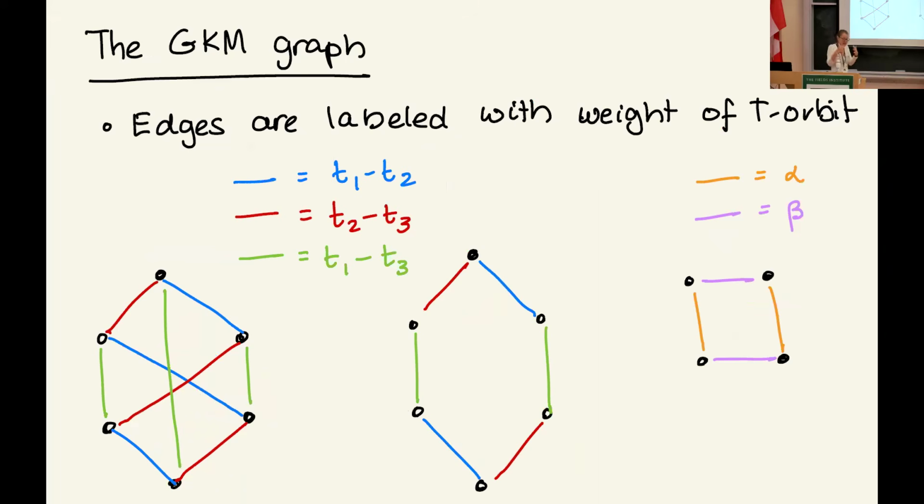And then in addition, our edges have a label, and that label is the weight of the torus orbit. So for these leftmost examples, I represent the labels just with a color so the document doesn't get too messy, but blue is T1 minus T2, and red is T2 minus T3, and green is T1 minus T3. And then over there, we've got something alpha and beta on the two different directions of P1.